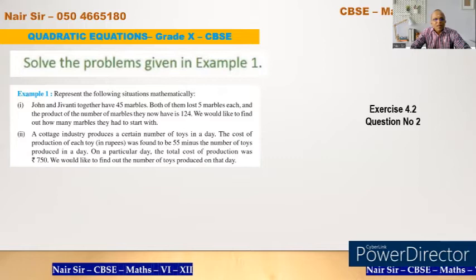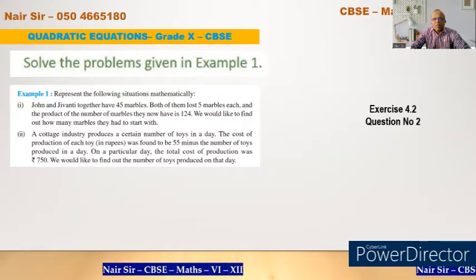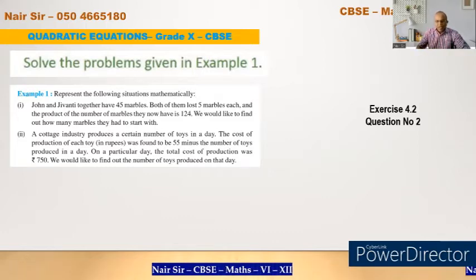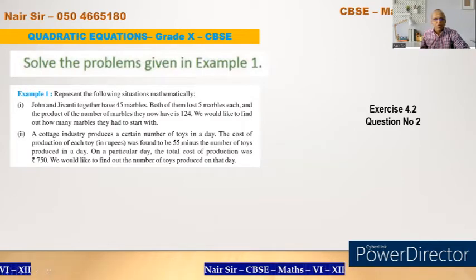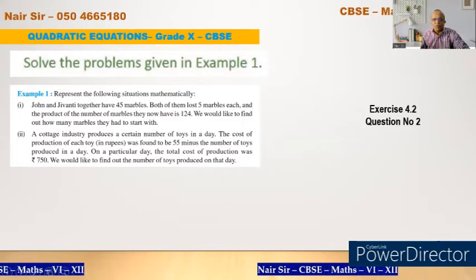There are two questions, and they're asking you to represent this particular thing. This is not what you're going to solve in this question. The mathematical part has been solved. If you refer to your textbook, you can see the solution.